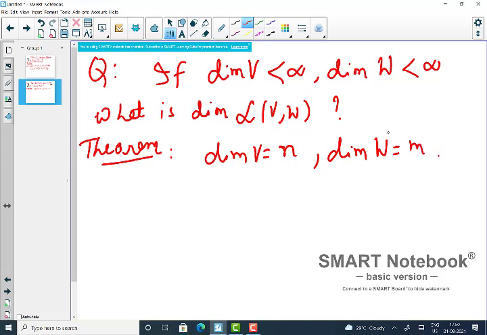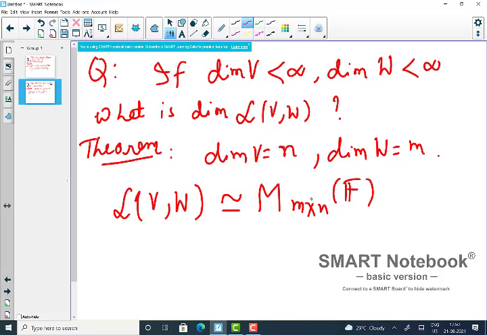If we assume this, then the space of linear maps from V to W is isomorphic to the space of matrices of size m cross n over the same field F, where F is the underlying field over which V and W are defined.